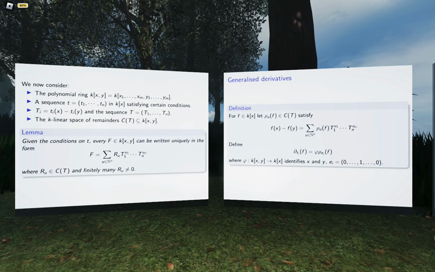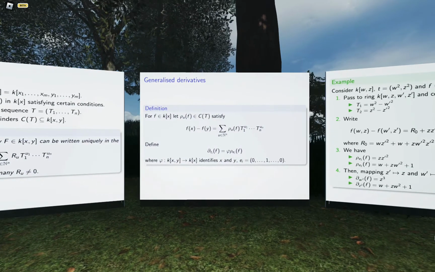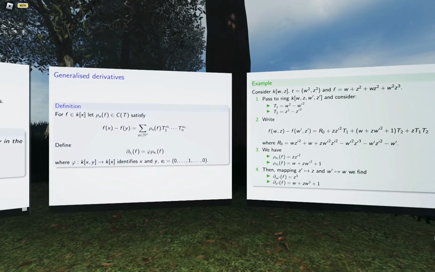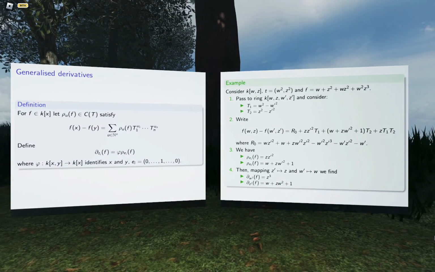Okay. And then from here, we're ready to make our definition of generalized derivatives. So given a polynomial f in K[x], we're going to let rho u of f denote the polynomial which is a remainder of division by t. We're going to let that polynomial be the unique polynomials which satisfy the following expression.